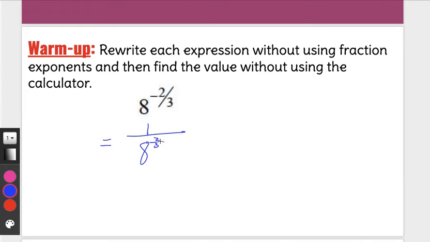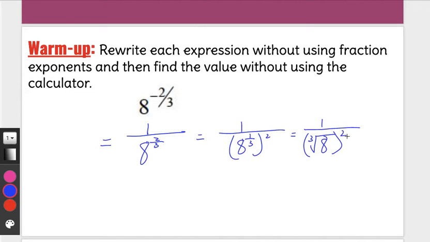And when we deal with 2 over 3 as an exponent, we deal with 1/3 first and then square. That means 1/3 is the cubic root of 8, and then we square it. Of course, you can square 8 and then find the cubic root. You will get the same answer.